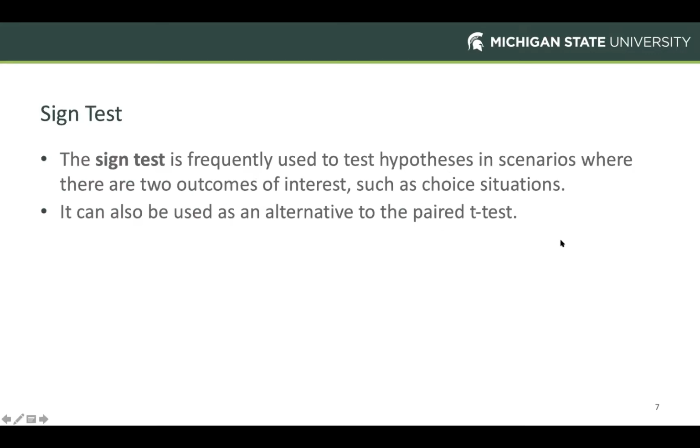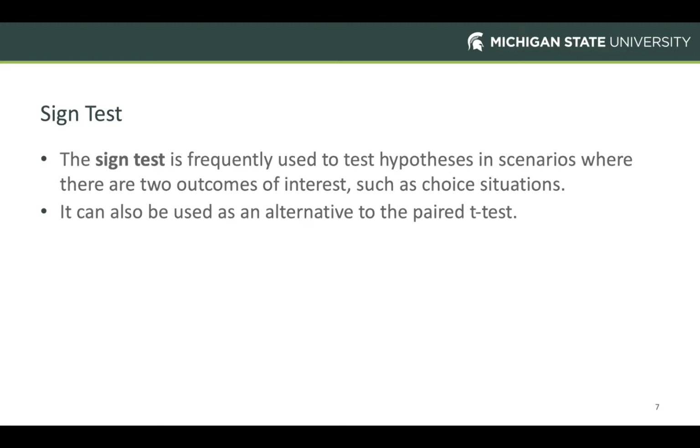Okay. And so the first test that we're going to introduce is one of the simplest and oldest, I guess, non-parametric tests, and that's referred to simply as the sign test. And so this test is frequently used in situations where we have a binomial outcome, so yes, no situations, other types of choice situations.